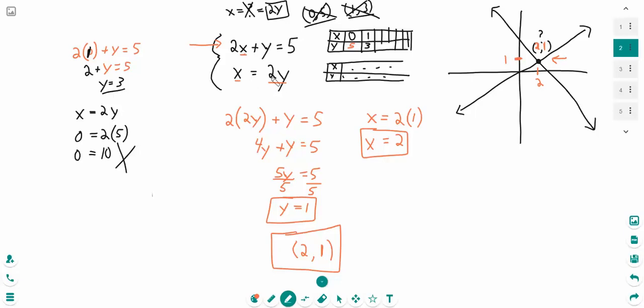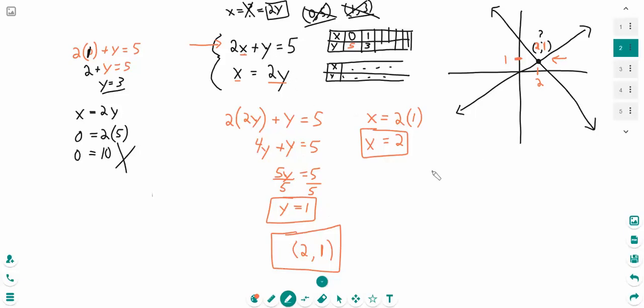So x is equal to 2y. We substitute that 2y value in for all of the x's in the first equation. That gives us an equation that's solvable for y. And once we know y, we can substitute it back into one of these equations and get our x.